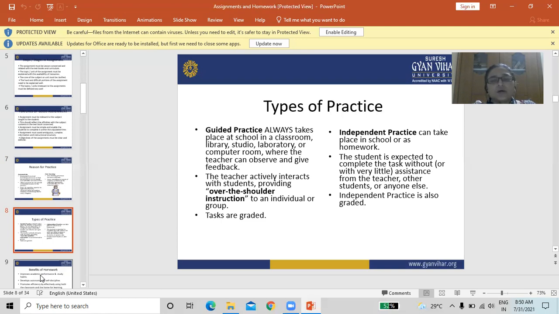Independent practice can take place in school or as homework.